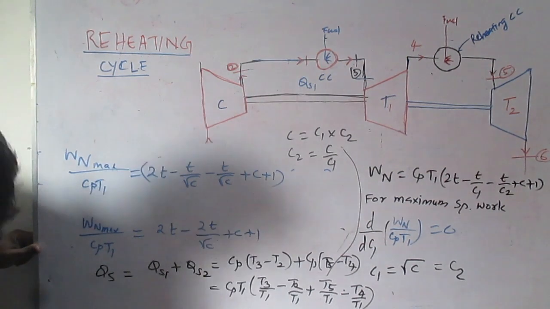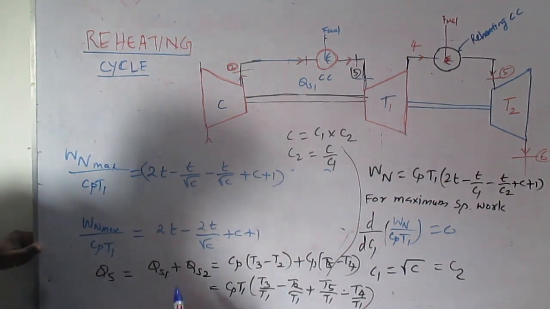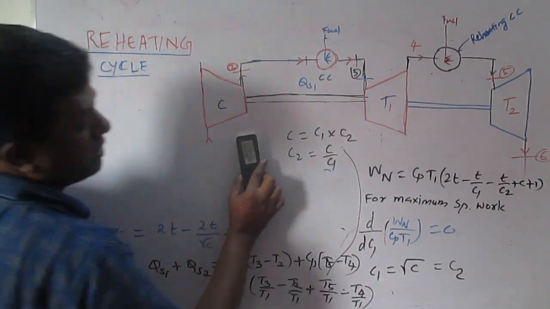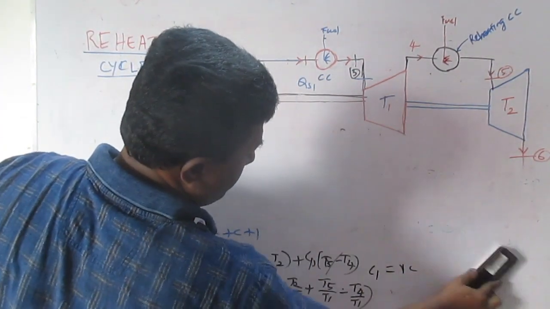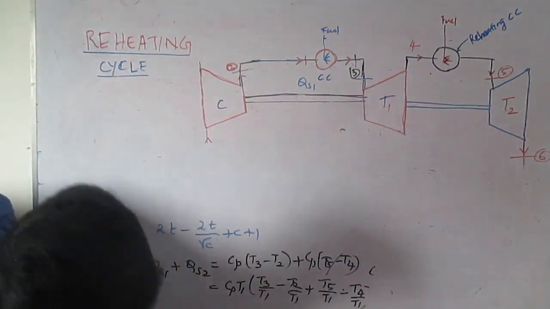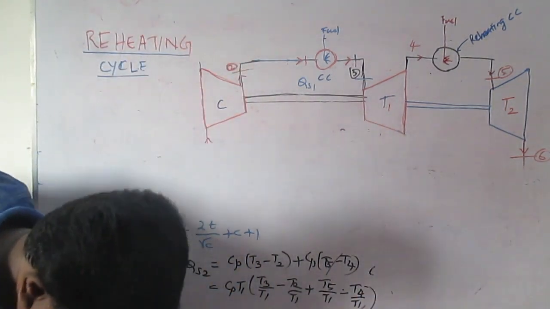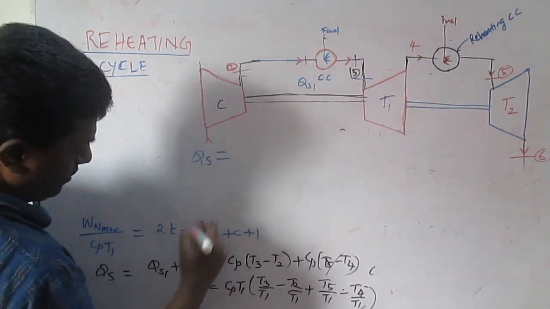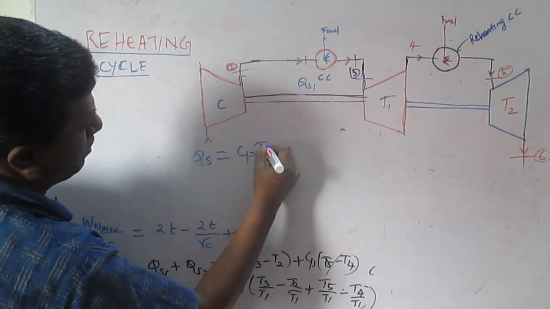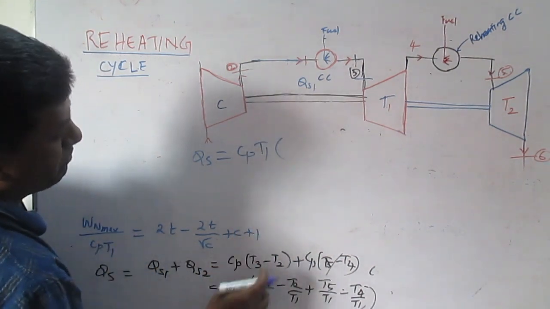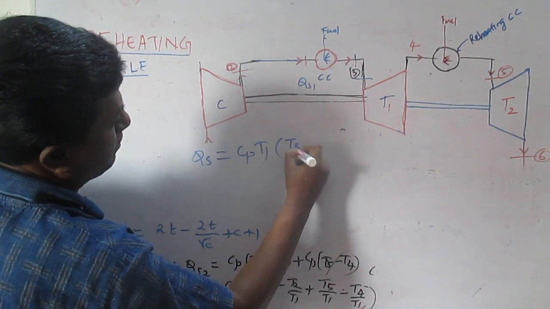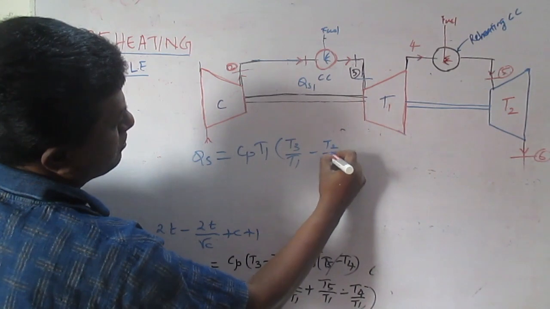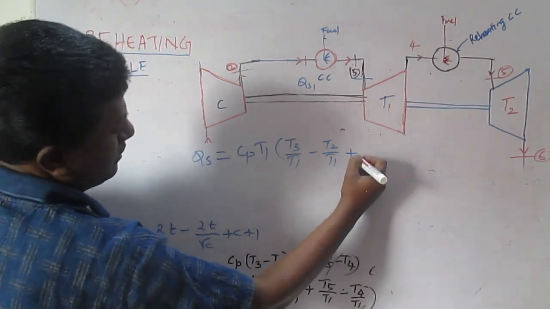By this one we need to simplify. So how are we going to simplify this one? By simplifying this, we will be getting Qs equal to Cp T1 into T3 by T1 minus T2 by T1. We have the substitution, plus T5 by T1.